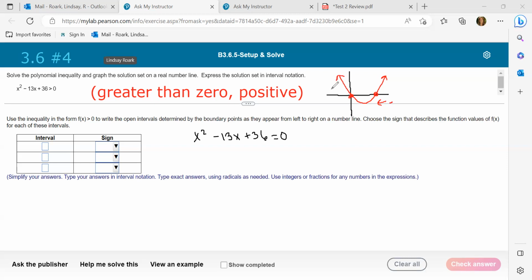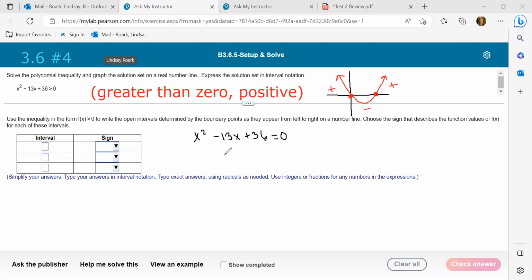I haven't done anything yet, but I'm assuming it's going to be positive, then negative, then positive again because it is U-shaped. But let's go through it and see if that checks out. Sometimes it's nice to have a visual graph of what is happening to help us get our bearings.